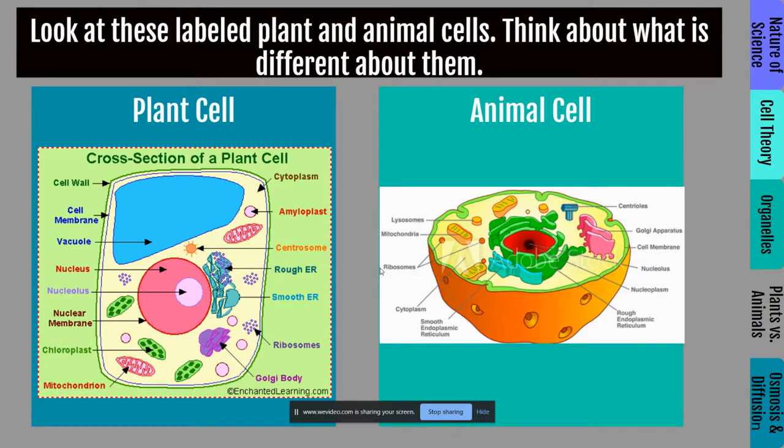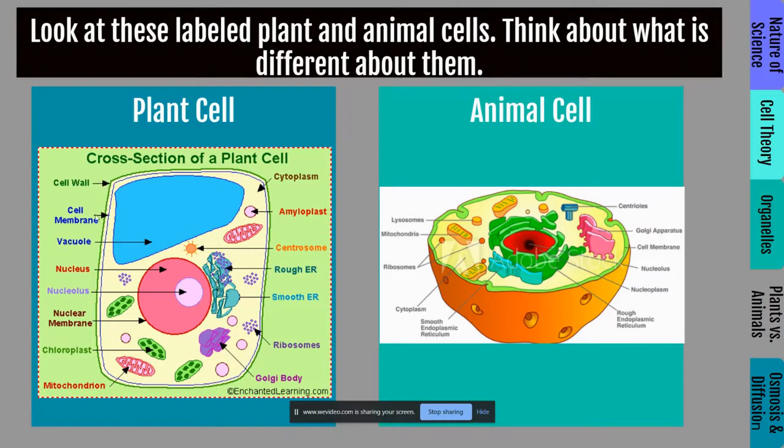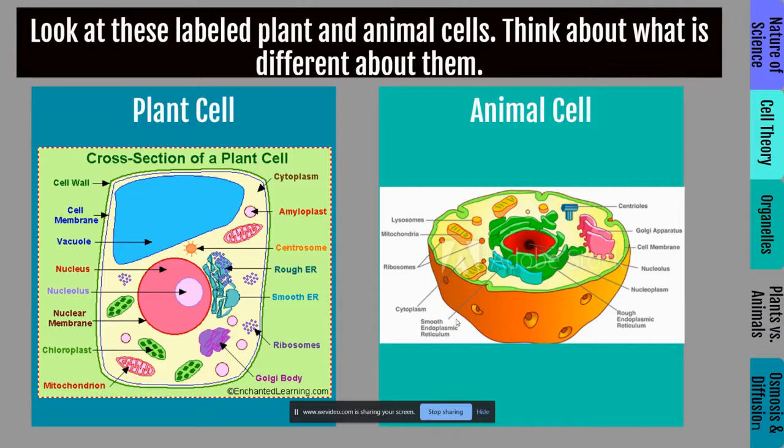And then if you look on the outside here, there's a cell wall outside of a plant cell. Outside of your animal cell, you're not going to see a cell wall. You're only going to see a cell membrane, okay?